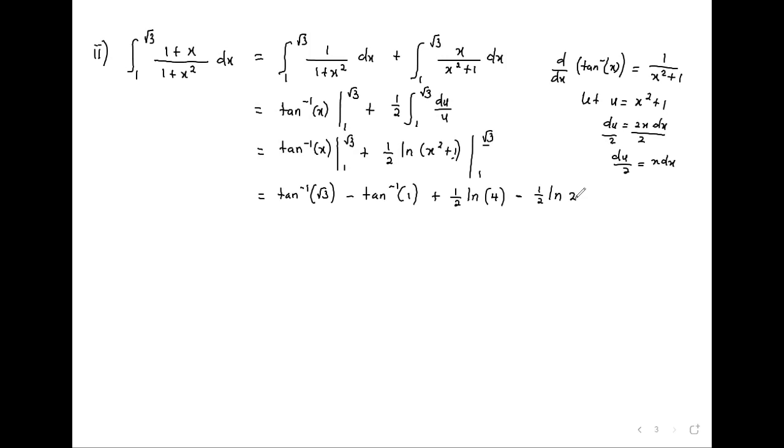We can evaluate this. Tan inverse of root 3 is 60 degrees minus tan inverse of 1 is 45, so that we get 15.